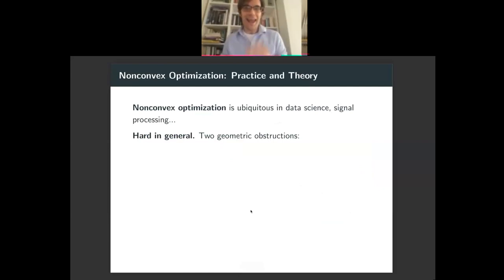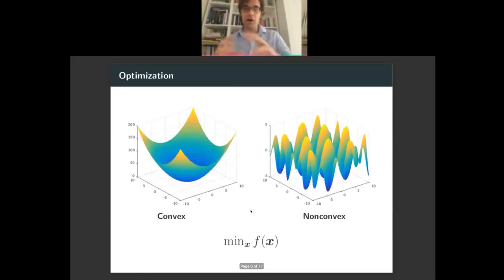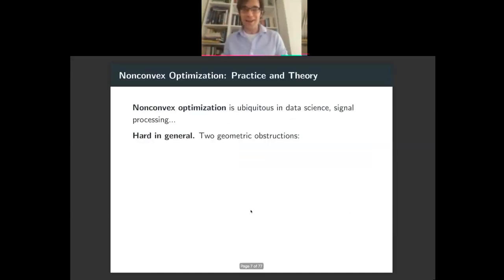Okay, and if we take a classical viewpoint where we care about broad classes of problems and we care about worst-case performance guarantees, then in some sense this means that we're in trouble, right? Non-convex optimization, like optimization in general, is NP hard.